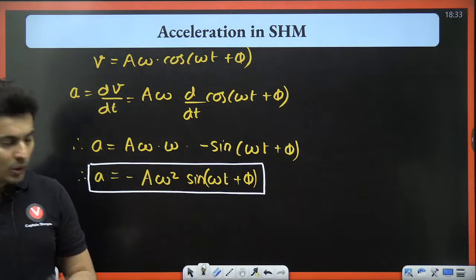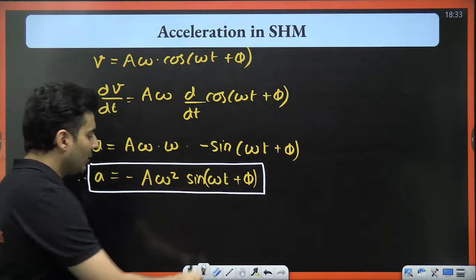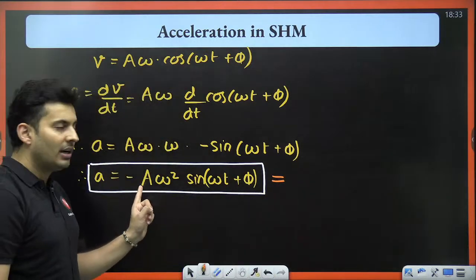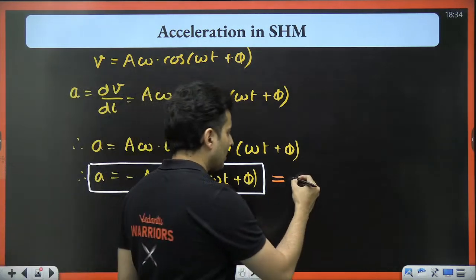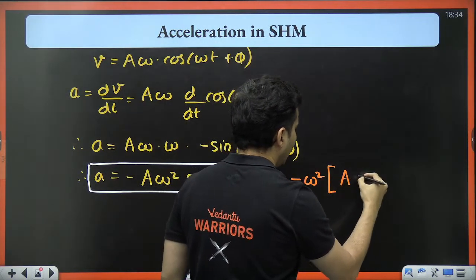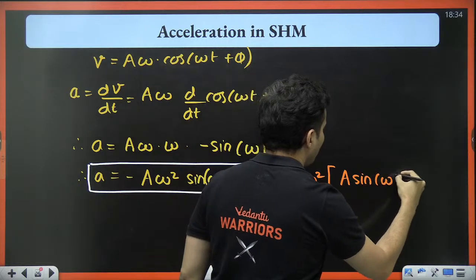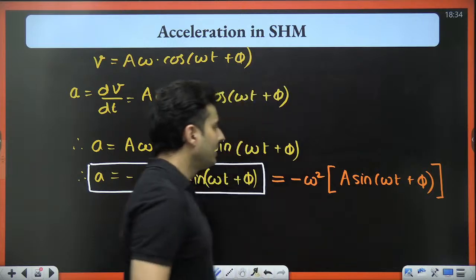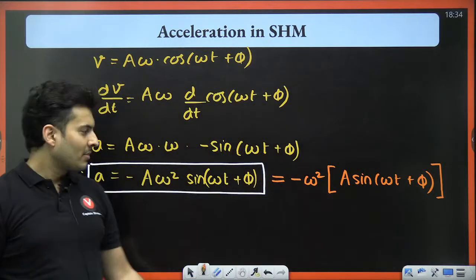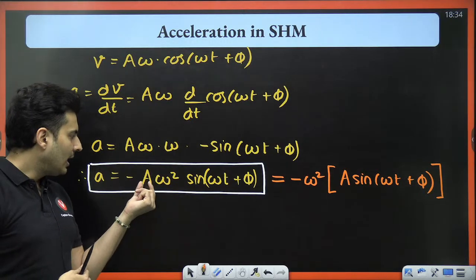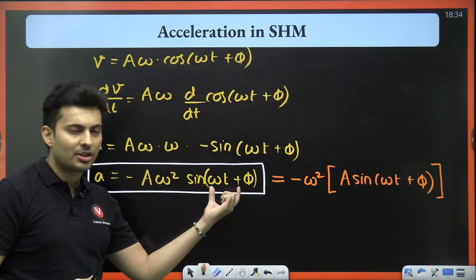Cool? Very good. Now I can do a small trick over here. How about writing this as minus omega square, bracket, a sine omega t plus phi? Does this remind you of something? I've taken omega square with the negative sign outside the bracket and clubbed a with the sine function.